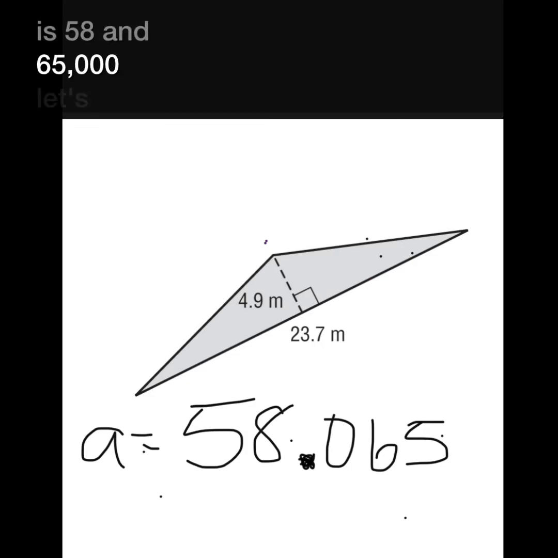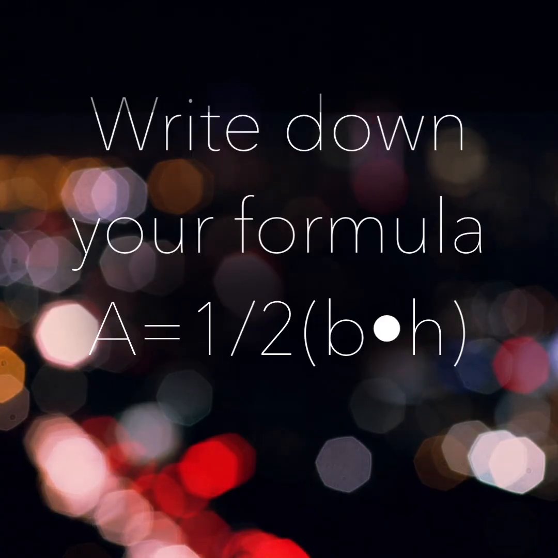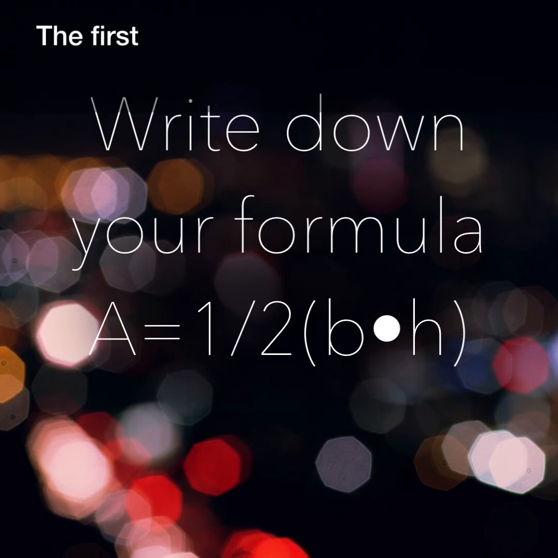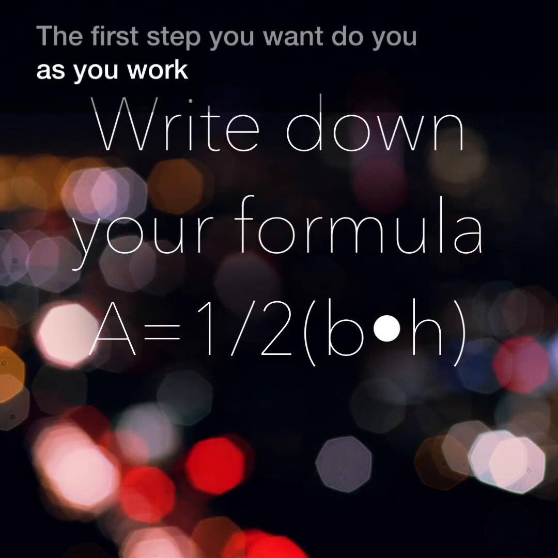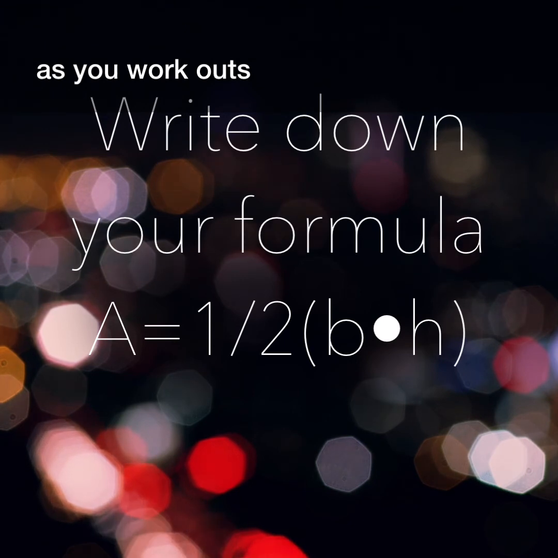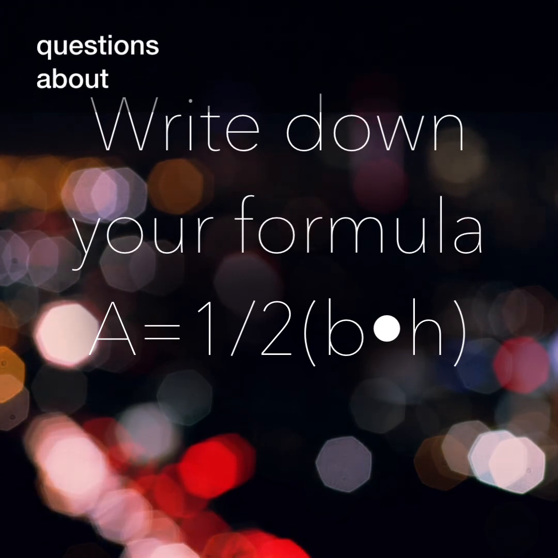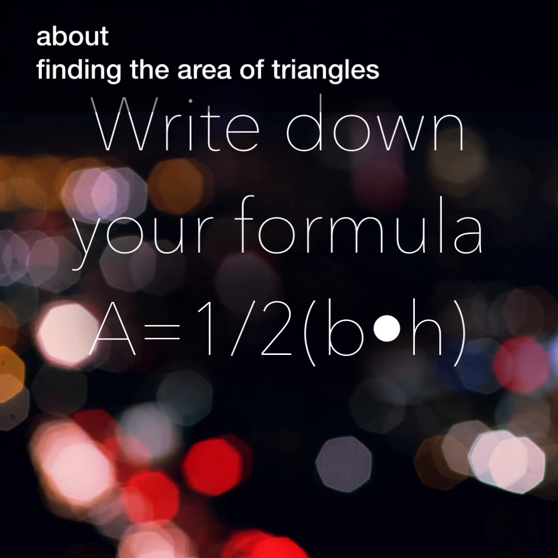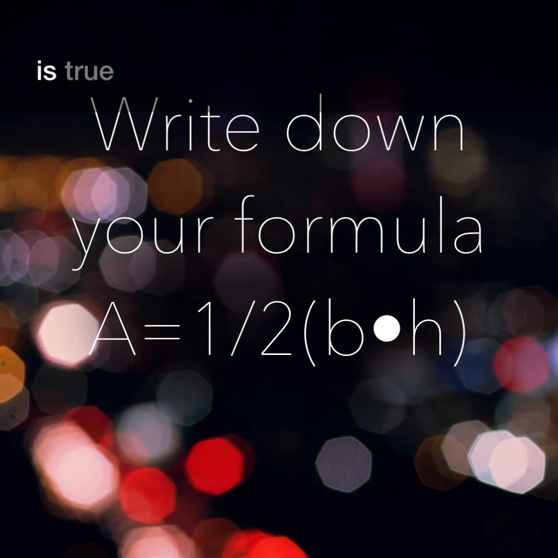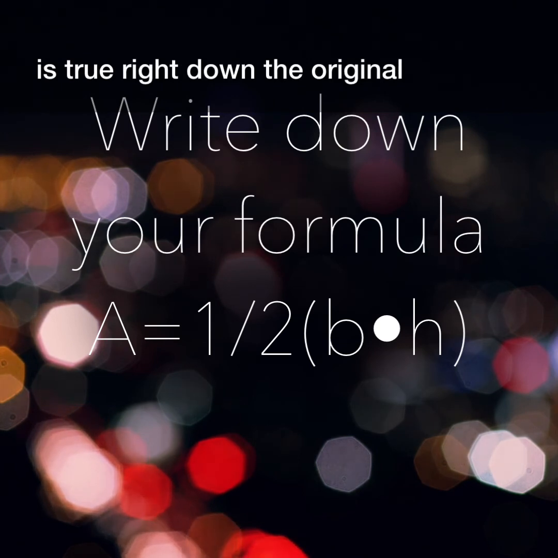Let's review the steps. The first step you will do as you work out the questions about finding the area of triangles is to write down the original formula. A equals 1/2 B times H, or area equals 1/2 the base times the height.